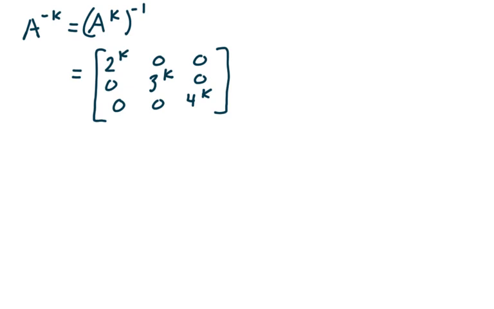Let's take a look at problem 11. Suppose I give you this matrix, 1, 0, 0, 0, 0, 0. So we have a row of zeros there, 0, 0, 3.